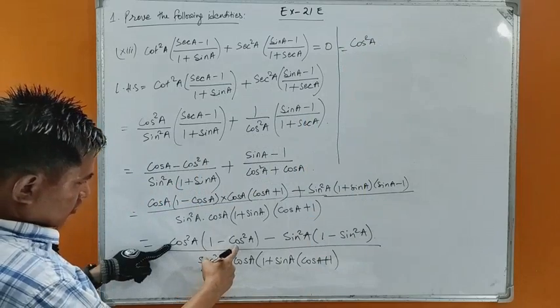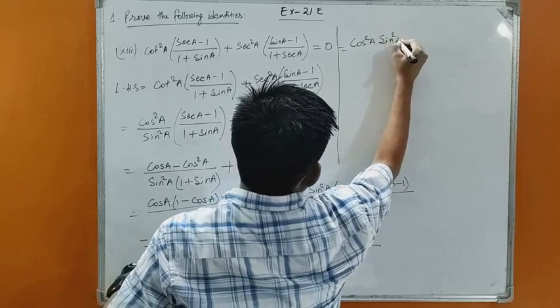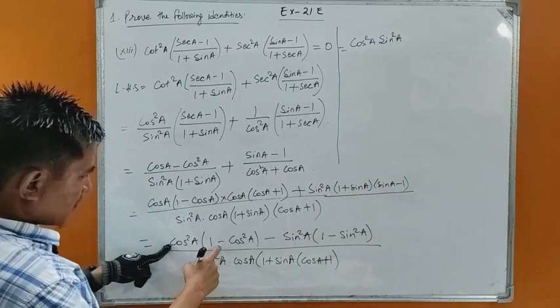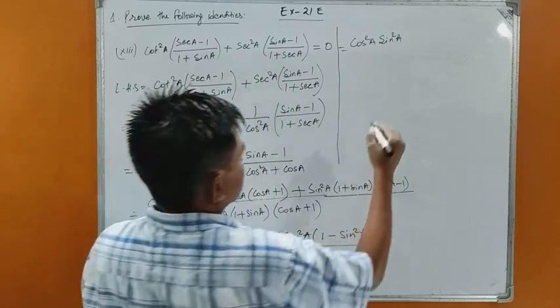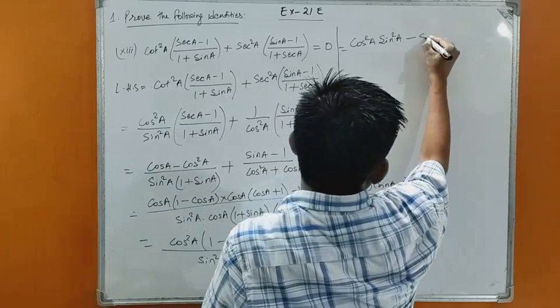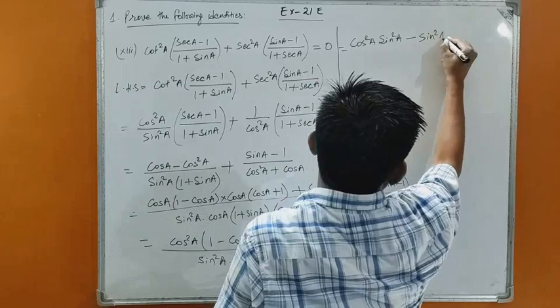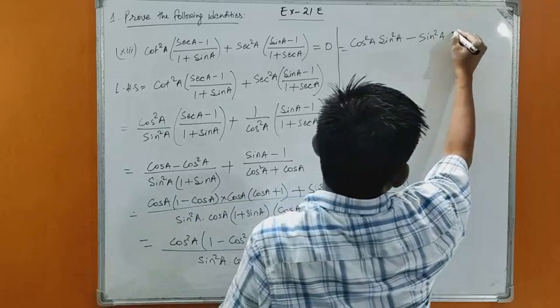So 1 minus cos square a is sin square a, isn't it? 1 minus cos square a means sin square a. This minus comes here. This sin square a we write as it is, sin square a. So 1 minus sin square a means cos square a.